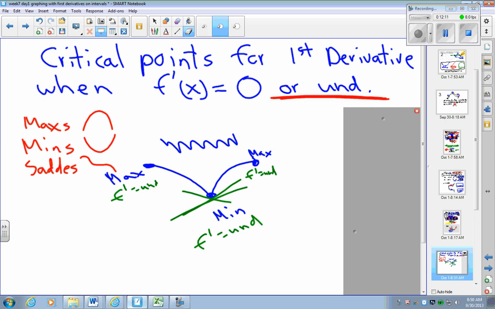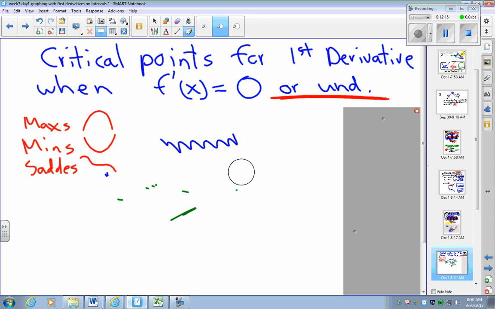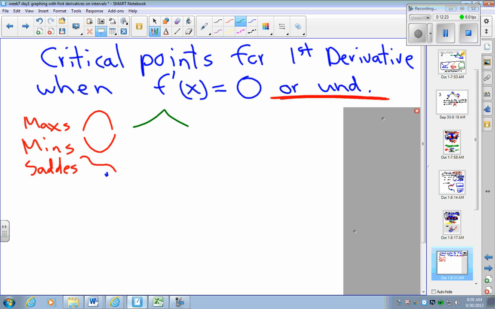So let me just kind of redraw it. With undefined guys, you could easily have a max or a min. Now the saddle part you can't really have, because well, I guess you could.